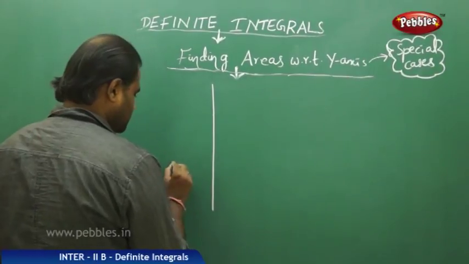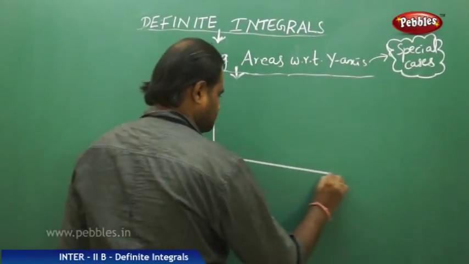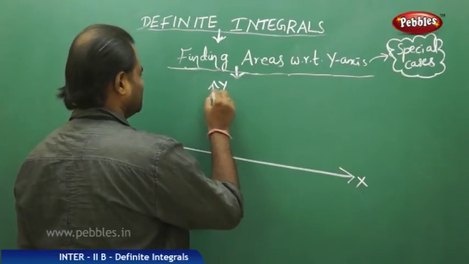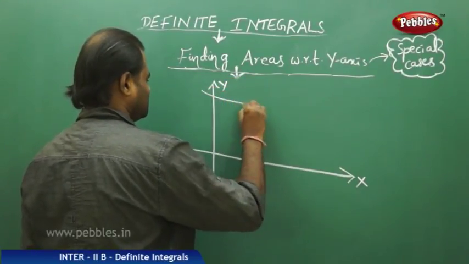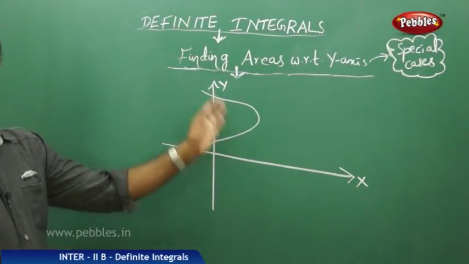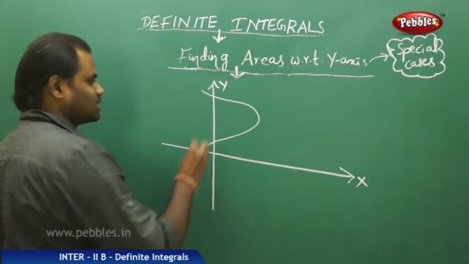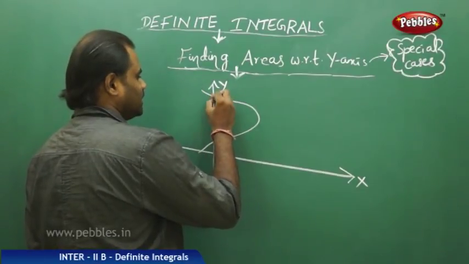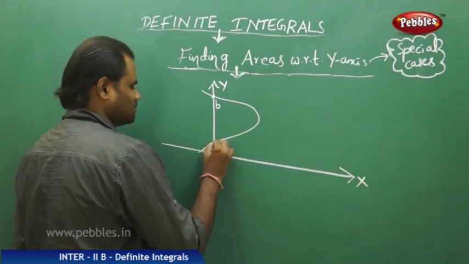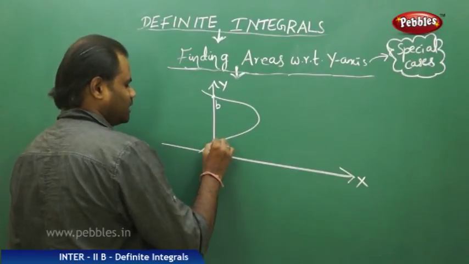Now next we have the case where the curve has y-intercepts, that is, the curve cuts the y-axis at b and a.